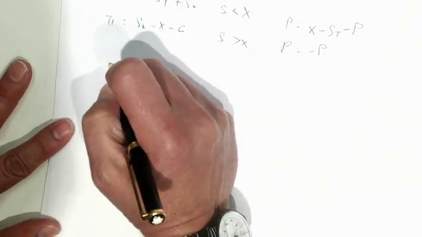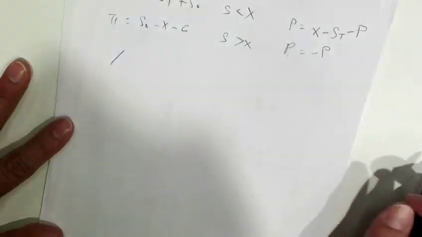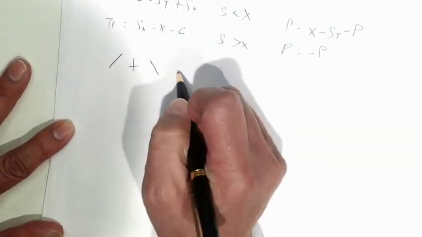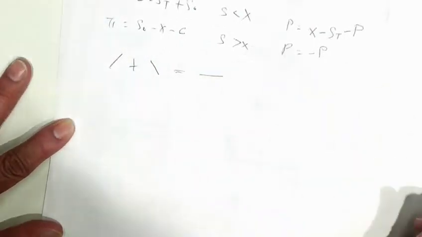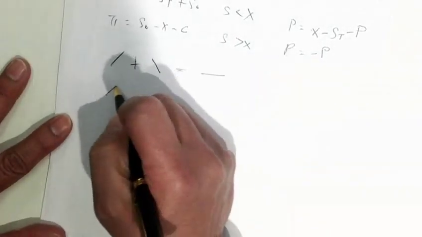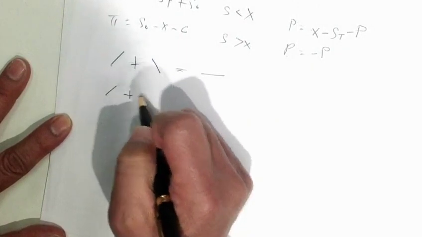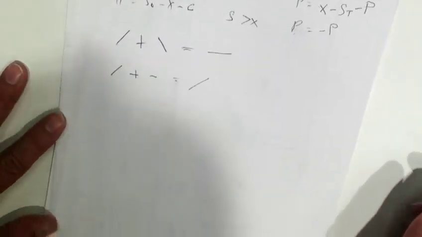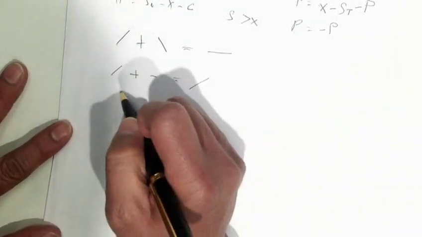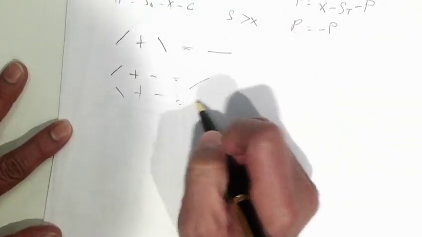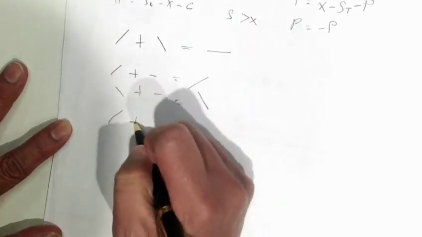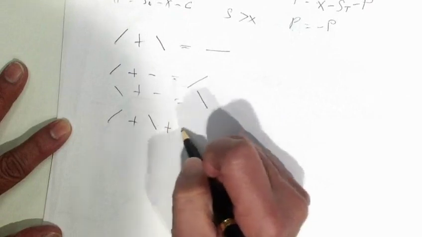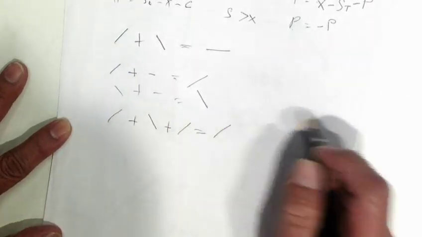Now, an upward sloping line plus a downward sloping line is going to give you a horizontal line, okay? Upward sloping plus horizontal is going to give you upward sloping, and of course downward plus horizontal is going to give you downward, right? So upward plus downward is going to give you horizontal, but if you add another upward, it's going to give you upward, right?